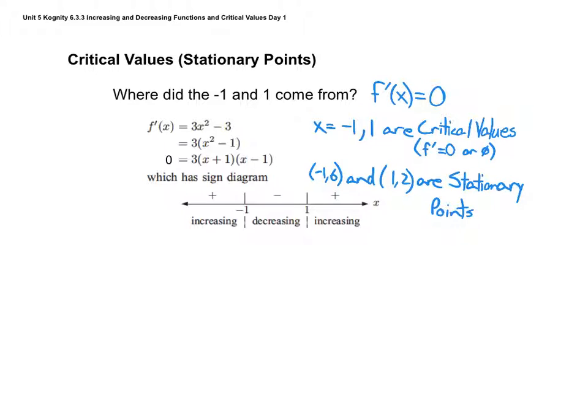Now, those stationary points can be classified in 3 different ways. We'll see two of them here. First of all, notice we have increasing and then decreasing. If I have a function where it's increasing and then it starts to decrease, that point where it changes would be what? A maximum. It's a stationary point, but that's what's called a local maximum.